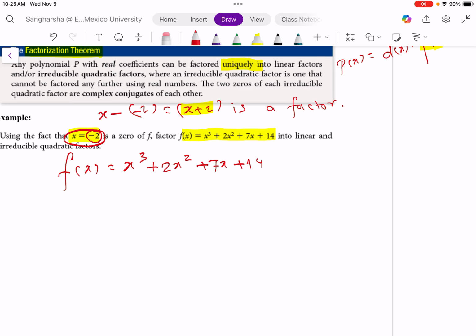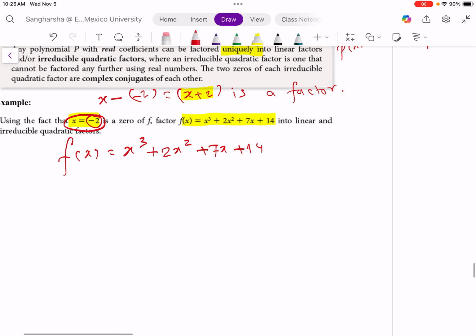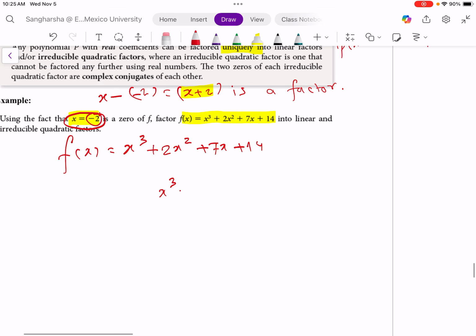So we divide this function. We are dividing x cubed plus 2x squared plus 7x plus 14 by that factor x plus 2, to get the quotient. Now the first step, you take the first term x cubed and divide by x. x cubed divided by x is x squared, and that is the first term of the quotient.